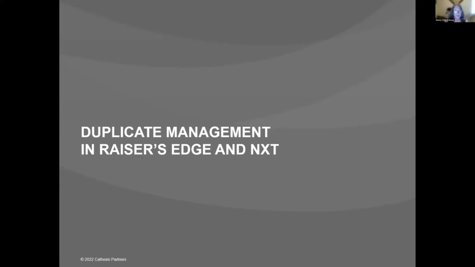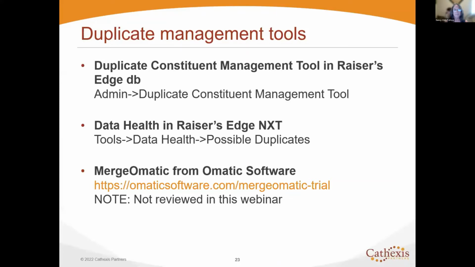Okay, so I'm going to talk about the duplicate management process in Razor's Edge and Razor's Edge NXT. There are two tools, one that's been tried and true, that's been with the Razor's Edge database side since the beginning of time, accessible through the admin menu, called Duplicate Constituent Management Tool.